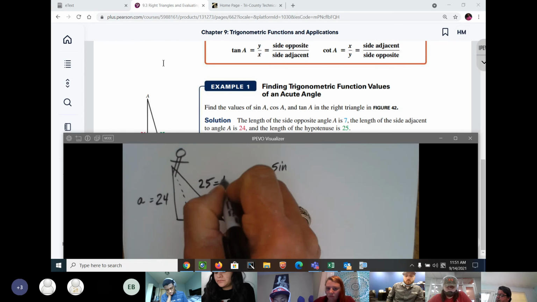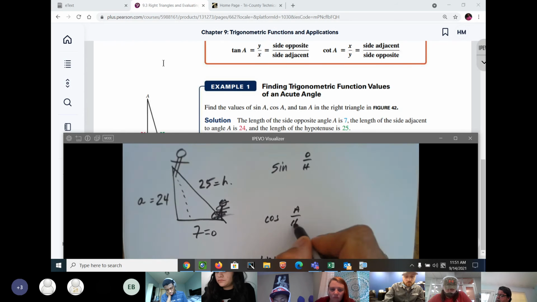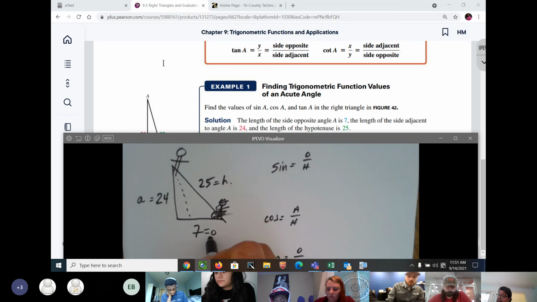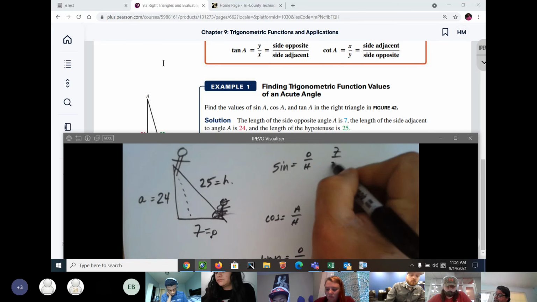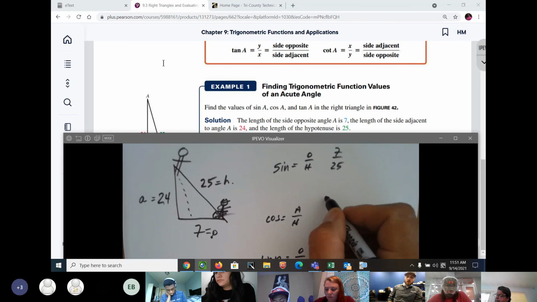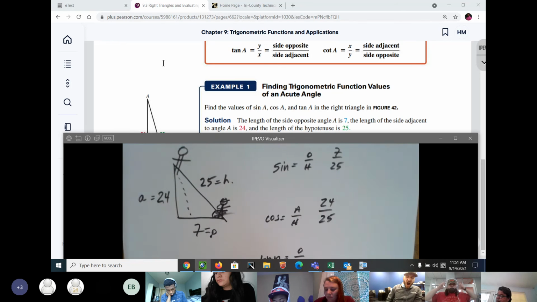Oscar had a hunk of apple. Sine is 7 over 25. Cosine is 24 over 25. And tangent is 24 over 7.